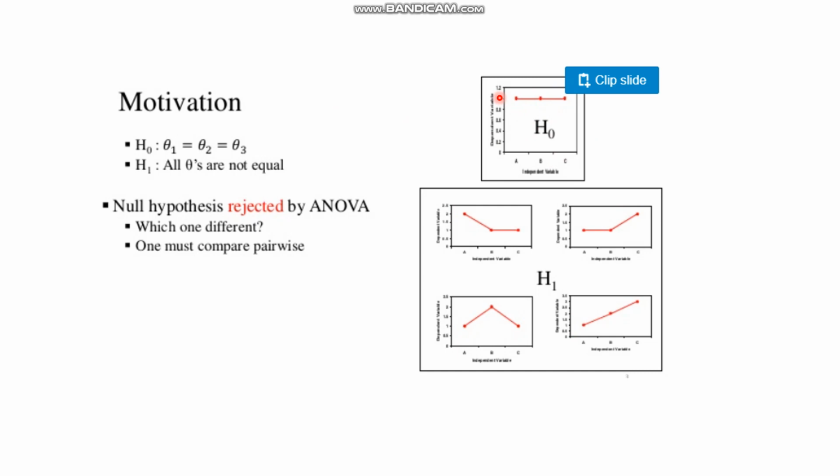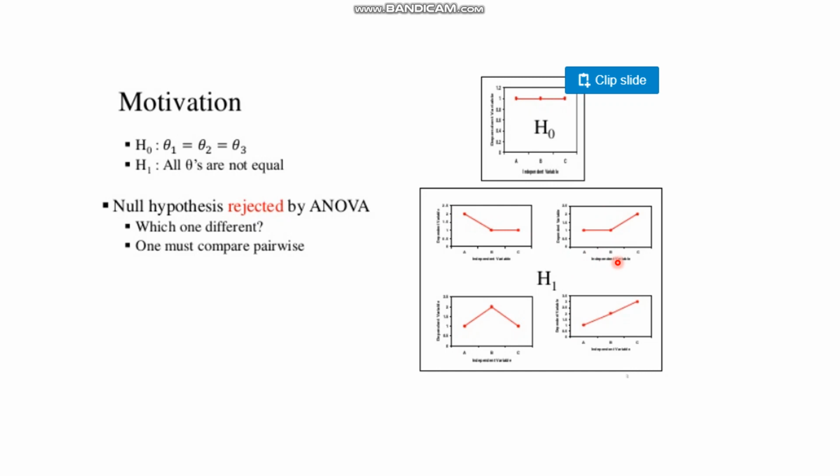After doing that, we can find the means for all groups. Then the alternative says at least one may be different. In this first graph, the first group is different from the other two. B and C are equal, but A is different from B and C.